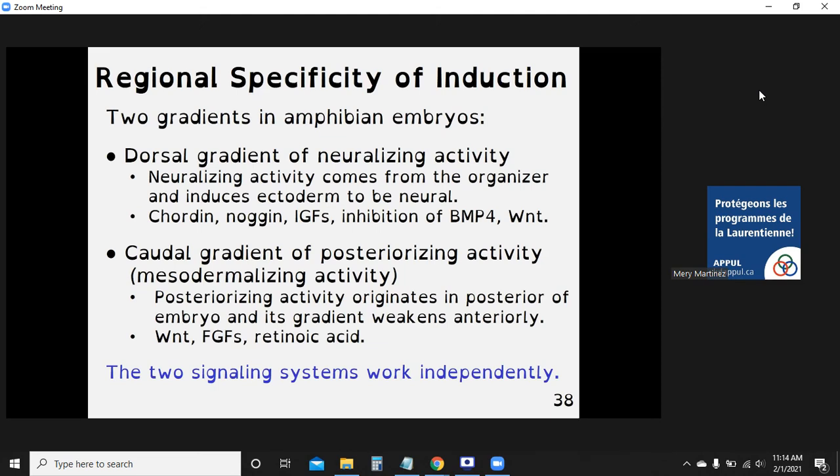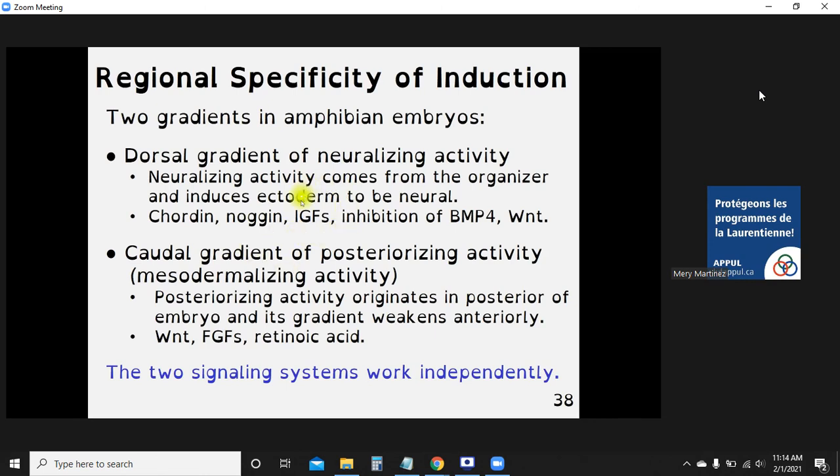The neutralizing activity comes from the organizer and induces the ectoderm to be neural. Chordin, the molecule that we just mentioned, and also noggin are examples of neutralizing factors, and these are secreted by the organizer.